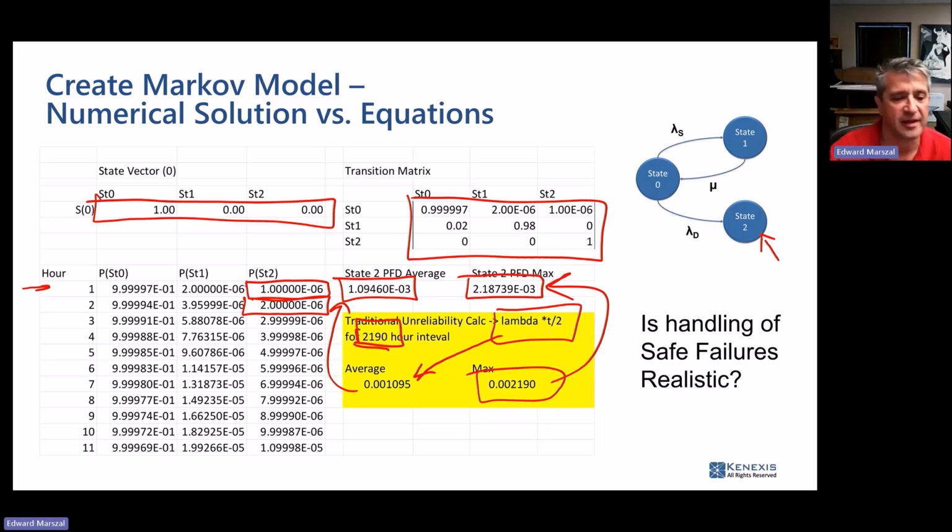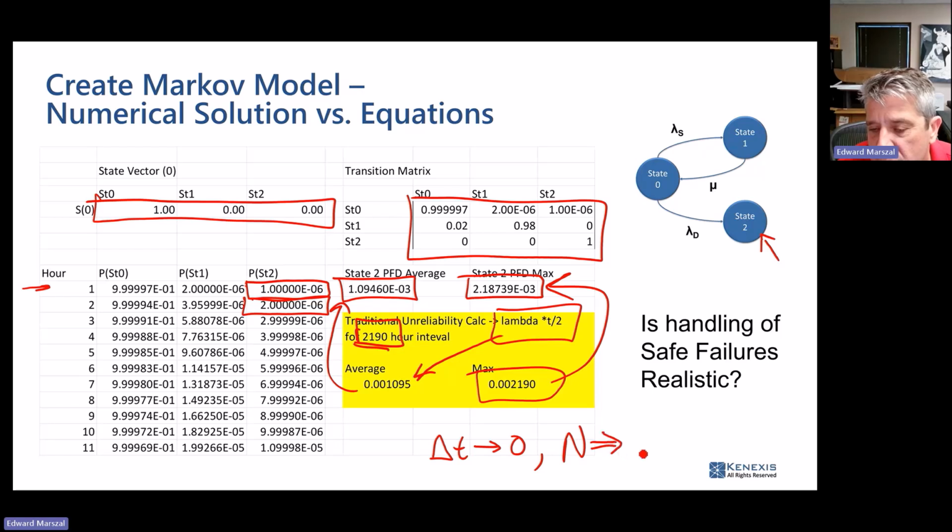It's an approximation, but as the time increment approaches 0, the numerical solution is going to approach the analytical solution. Kind of the definition of an integral, if you will. As that delta t goes to 0, you're going to approach the integral.